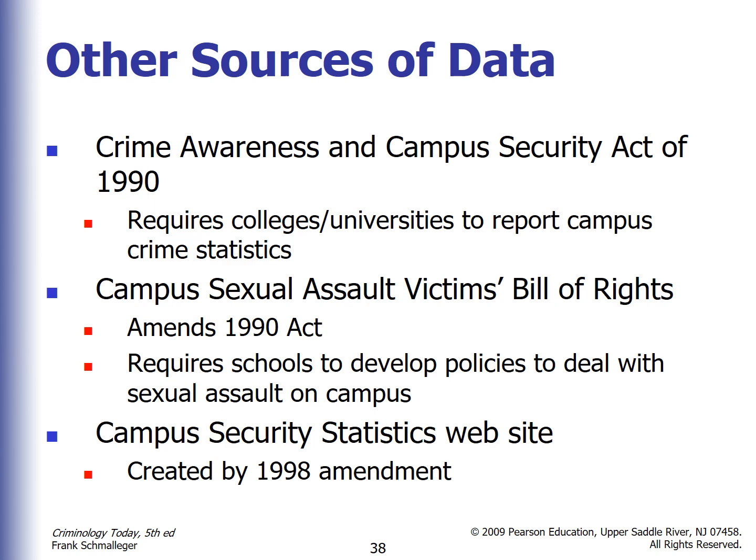Other sources, there are various other ways that we collect data. And I think all of you should be aware of the Clery Act, which collects data on crimes on college campuses. You have the Crime Awareness and Campus Security Act of 1990. You have Campus Sexual Assault Victims Bill of Rights.